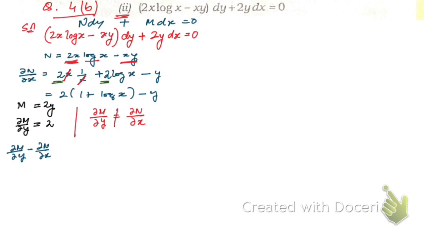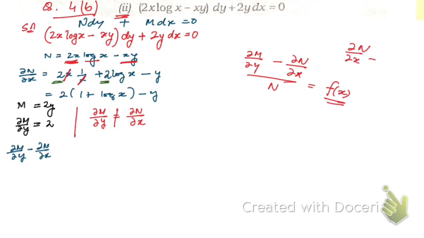You can express del M by del y minus del N by del x, divided by N, as a function of x only, or you may take del N by del x minus del M by del y, divided by N, and express that one as a function of y only. So whichever one is possible, do that one, right?